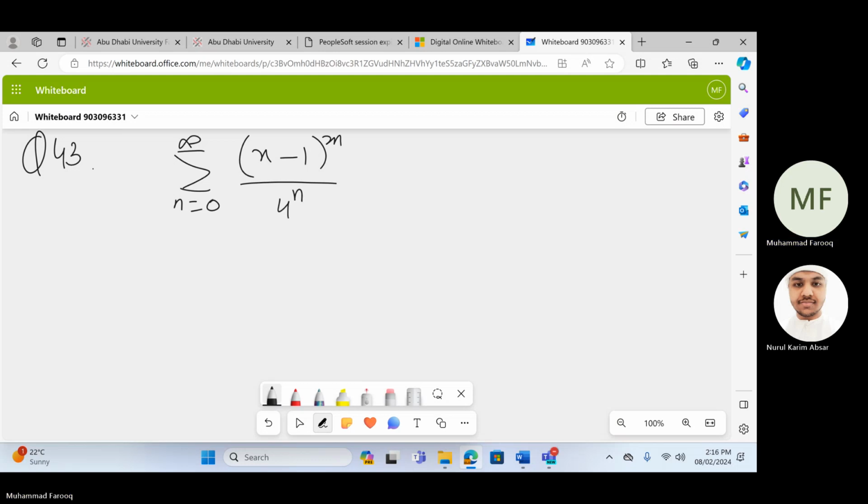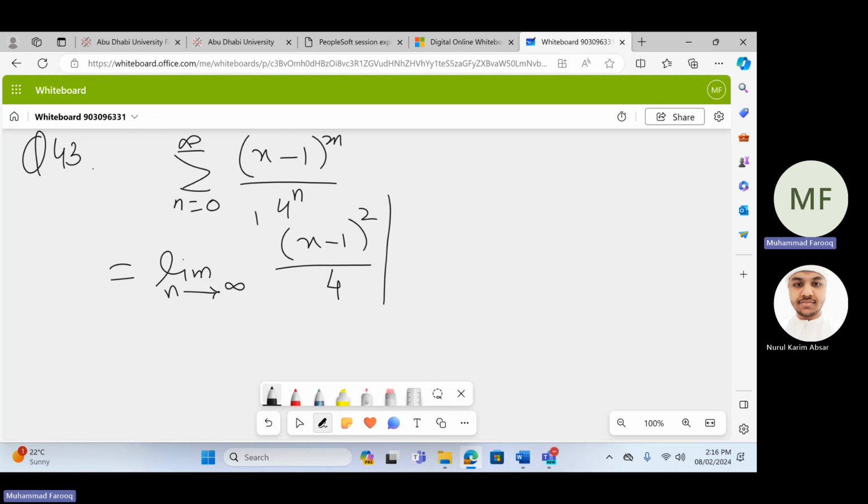You apply the ratio test, limit as n approaches infinity. So x minus 1 power 2, because divide by n and then cancel. Am I right? Good.